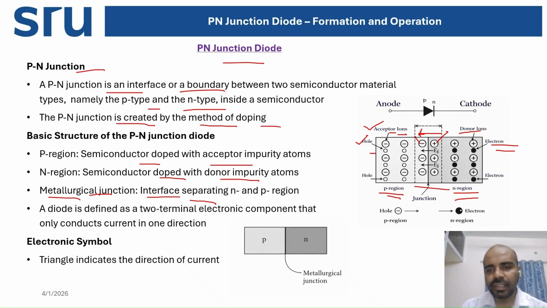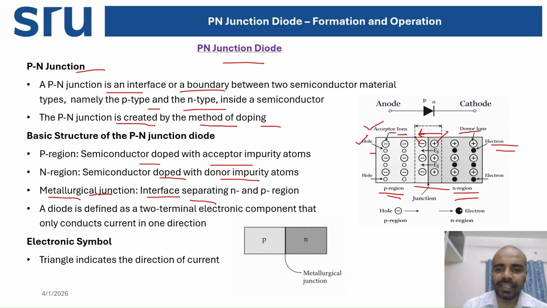As the electric field developed at the junction, which is called the metallurgical junction, gains strength and becomes powerful enough when a large number of electrons and holes are recombined, it prevents the further movement of electrons and holes at the junction.